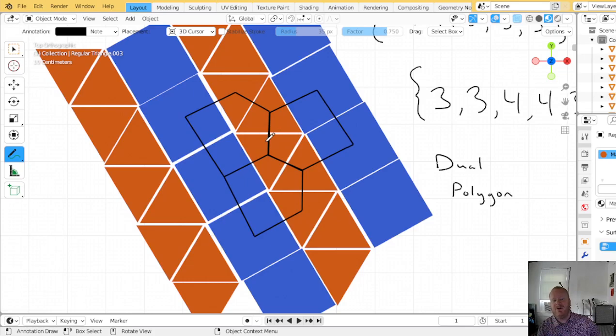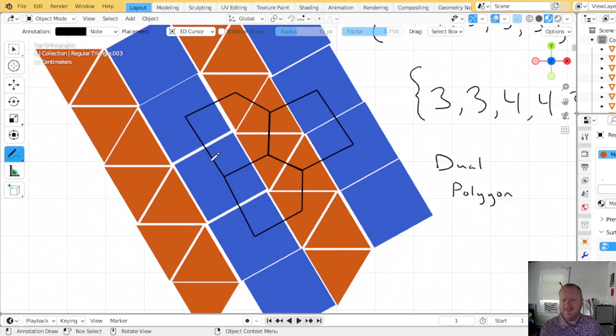That dual polygon there actually also tiles the plane. So this is not a regular pentagon, like I said. This is just a pentagon that is going through the center of each of these shapes here. But that pentagon also tiles the plane. Each pentagon is made up of a certain fraction of each of those shapes.